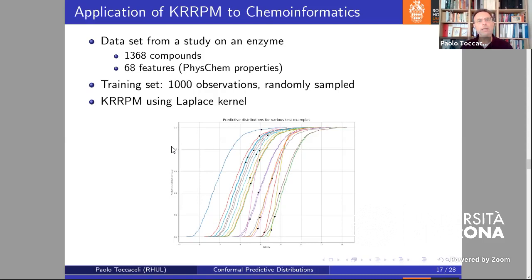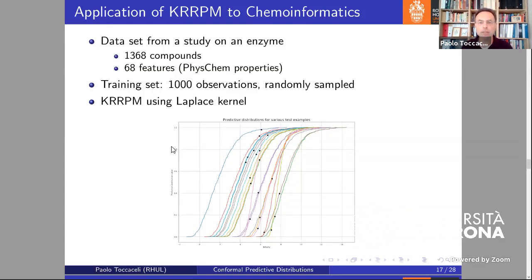We were given a data set with 1,368 compounds. Each compound was described by 68 features that were physicochemical properties. Out of this set, we extracted randomly a set with 1,000 observations, and we applied KRRPM.